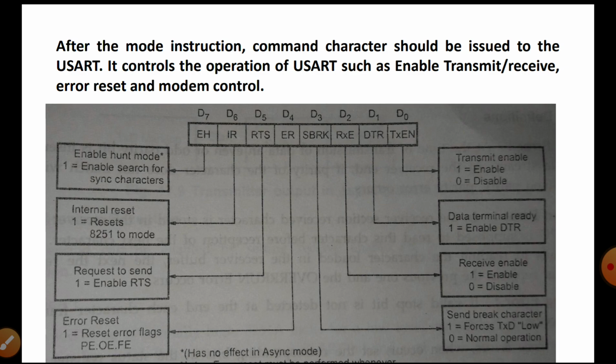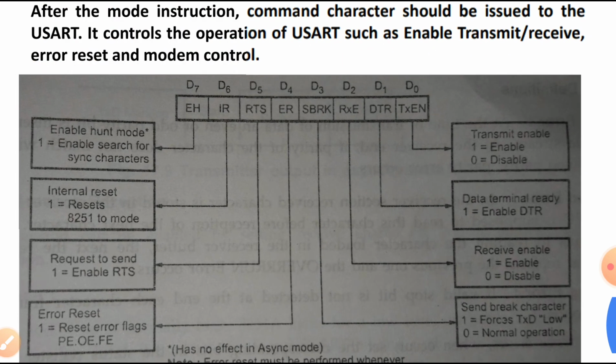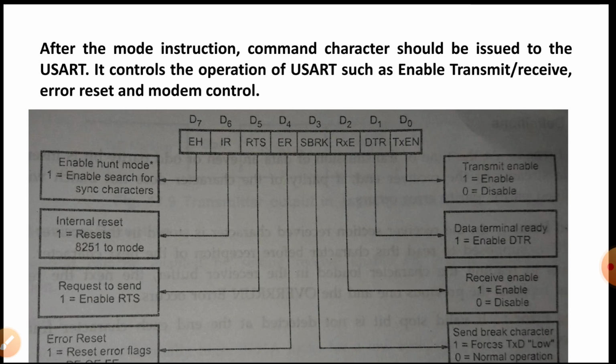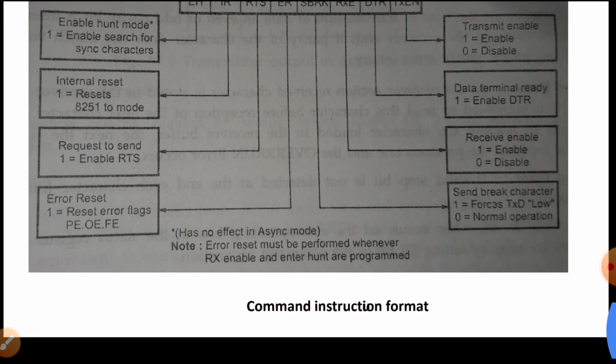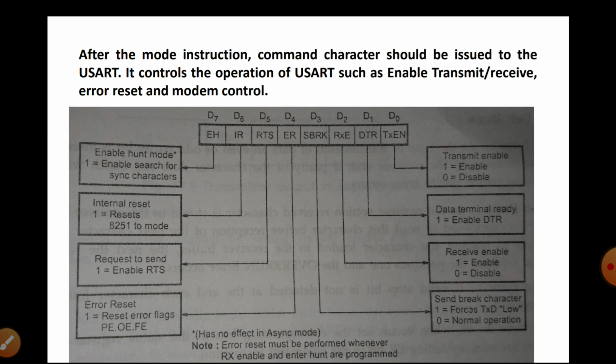Mode instruction meaning thereby, whatever data was put in the mode instruction format, depending upon that. Now, as far as the format of this is concerned, the format is written over here. The main function of the command instruction is to enable the transmit and the receive, as well as error reset and modem control. So, this is all about the USART.